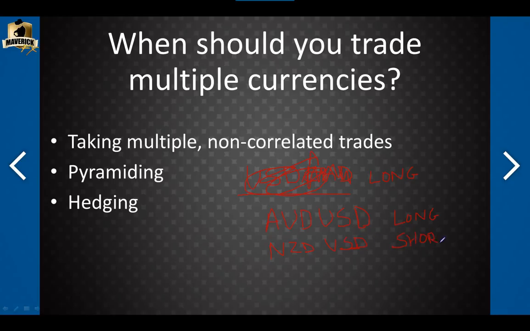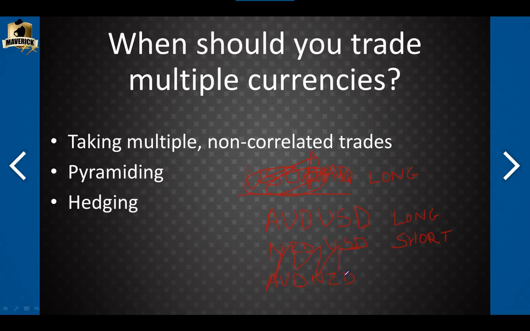They're going to just simply end up in Aussie Kiwi. That's all they did, and we know the Aussie Kiwi are correlated currencies. It doesn't make any sense to do a trade like this.